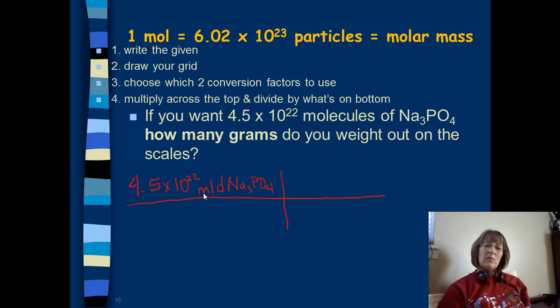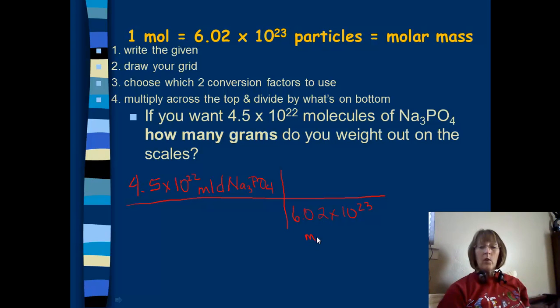Well, I know since this is molecules, and you can tell, molecules are always going to have some big, huge number there, like 10 times 10 to the something or other. And so I know that I'm going to use Avogadro's number down here. So I can already write it, 6.02 times 10 to the 23rd. And in this case, I'm seeing molecules here, but in reality they're formula units.